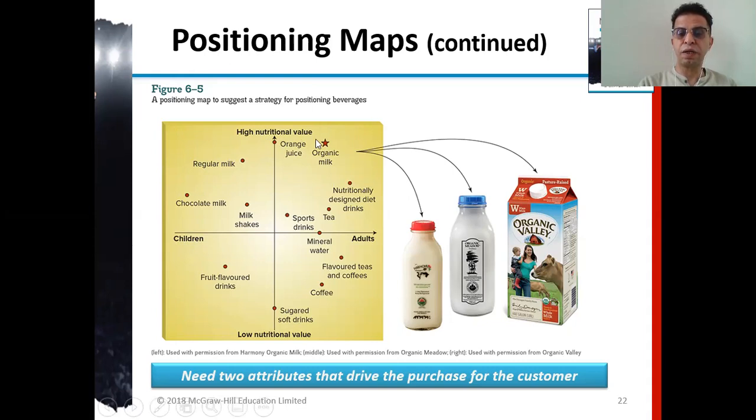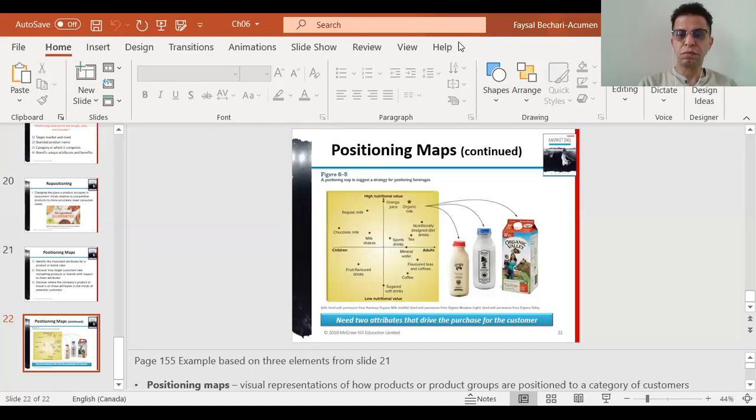So they call them the star. The organic milk here is the star because it has high nutrition values and is built for adults. So that's the positioning map. Thank you.